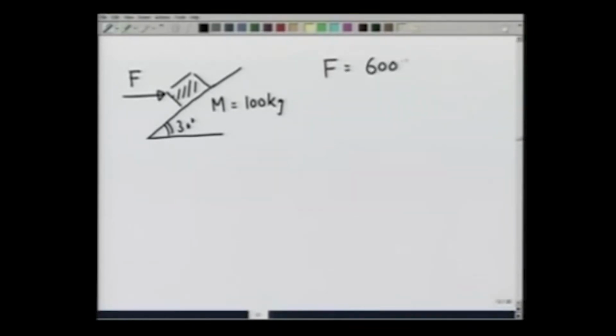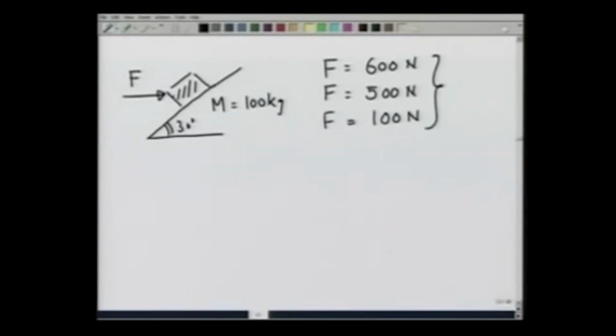As a second example, let's take the case where again I take a ramp at 30 degrees from the horizontal, put a block here of mass m equal to 100 kgs and apply a force in this direction F. I would like to know what happens to the block if F equals 600 newtons, if F equals 500 newtons, and if F equals 100 newtons.